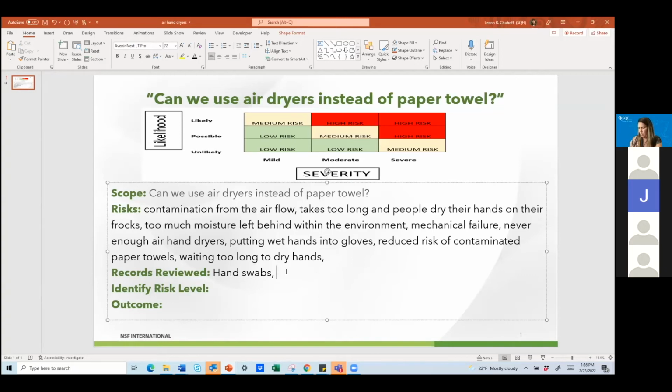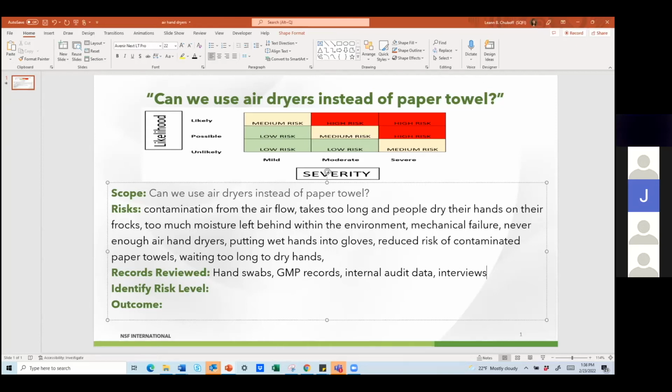Yep, your daily GMP records. Yeah, internal audit data. Yep. So we look at hand swabs, GMP records, internal audit data. What else? Interview training people too. Interview people too. Your environment. Oh yeah.